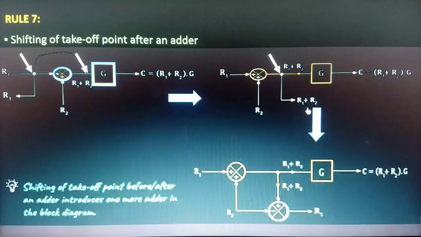For that sake, we need one adder at this point. And now we have added the signal R2 with negative polarity, so that we can subtract signal R2 from this takeoff point. Now we can see that the output of this takeoff point is equal to R1. So we can see that shifting the takeoff point before or after the adder introduces one more adder in the block diagram, but we need to maintain the output of the takeoff point.